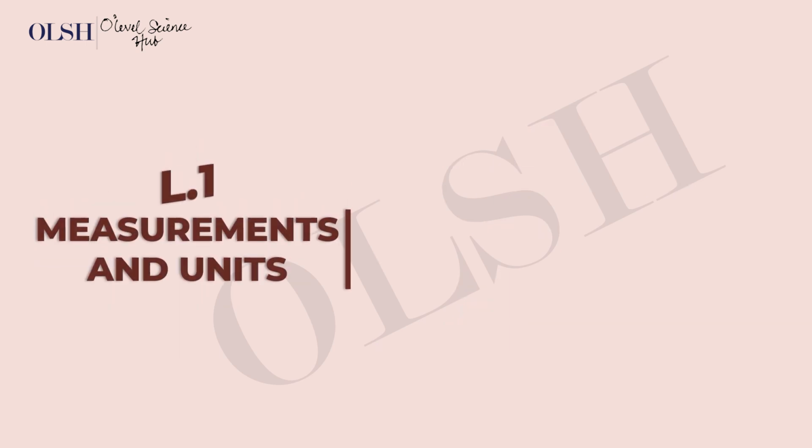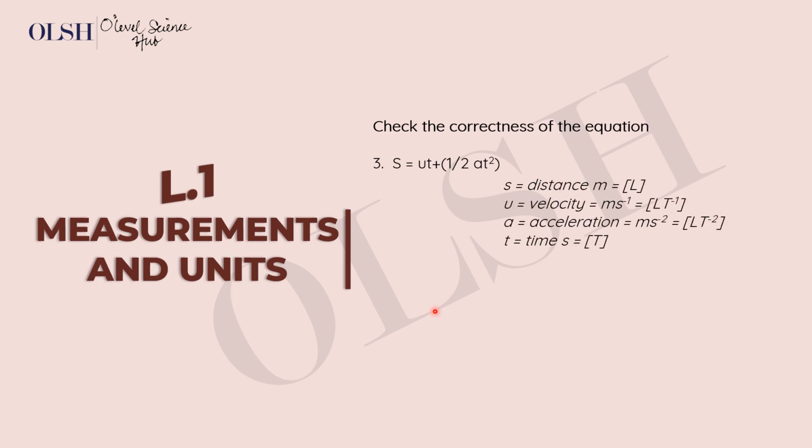Let's move on to one more. Let's confirm for distance, using this equation, s equal to ut plus half at squared. Now, s represents distance, which is capital letter [L], u represents velocity, a represents acceleration, t represents time. And we have all the dimensions here. We have [L] for s, [LT^-1] for velocity, [LT^-2] for acceleration, and [T] for time.